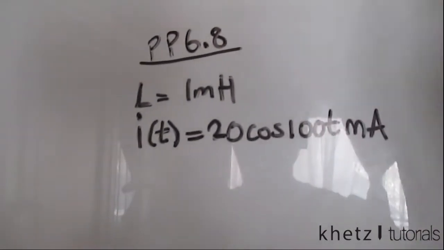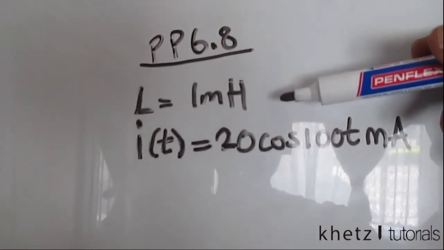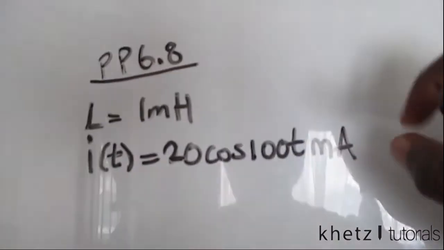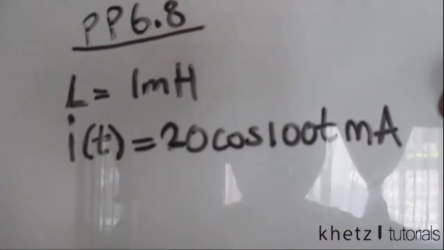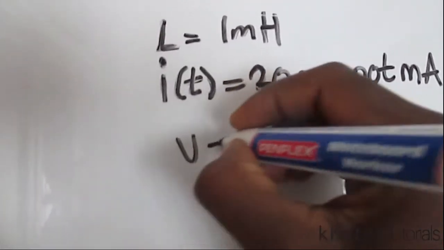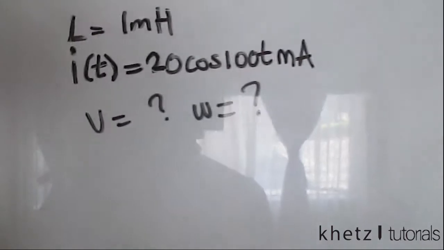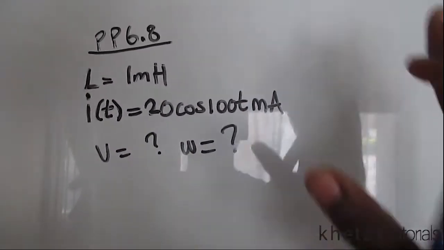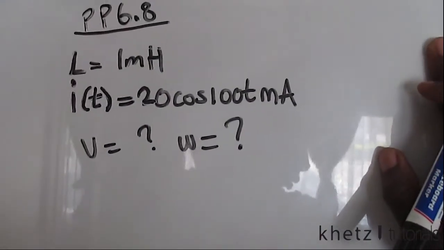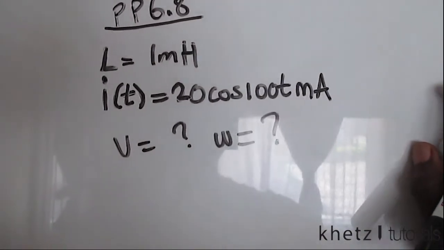Now we're given a 1 millihenry inductor with the following function for its current, and we also need to find the terminal voltage as well as the energy stored in it. Let's just get some formulas out of the way so we can start.